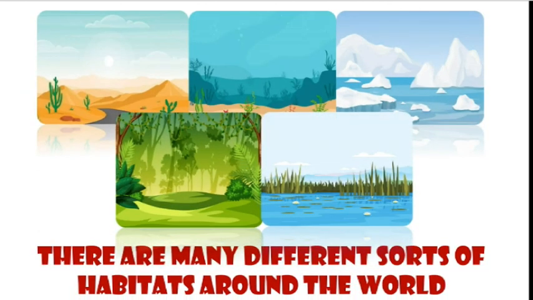There are many different sorts of habitats around the world. Do you know that, students? There are certain habitats where different animals live. From the given slide, you can see some of the habitats where some animals live.